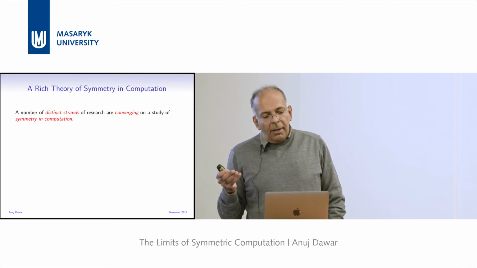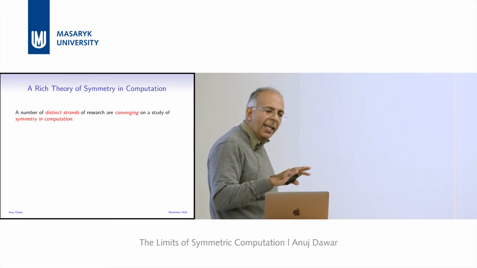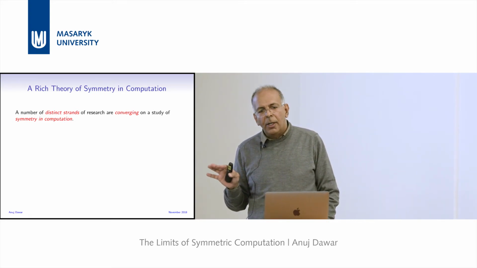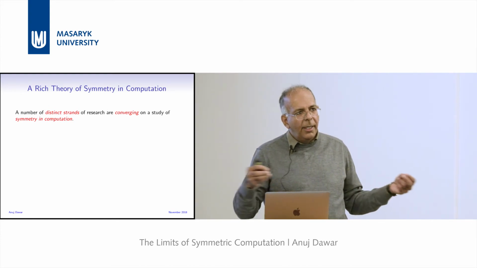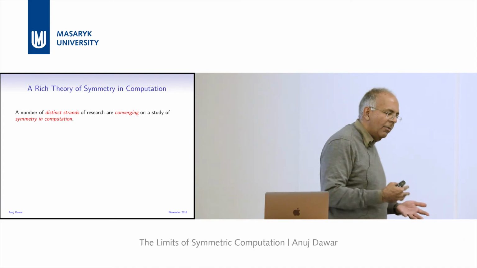And the final thing I wanted to say, this is a sort of a glimpse, because I think there is in principle a rich theory of symmetry in computation. There are many other strands. I talked about essentially complexity theory and symmetric algorithms, but symmetry arises in various other things.